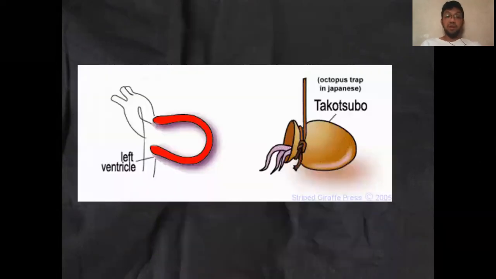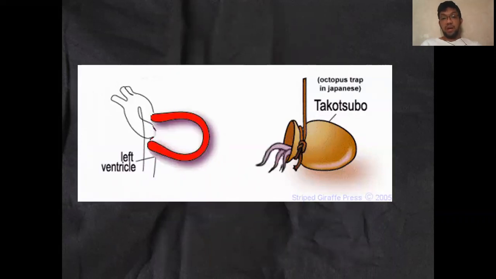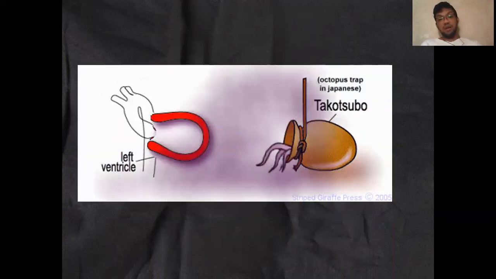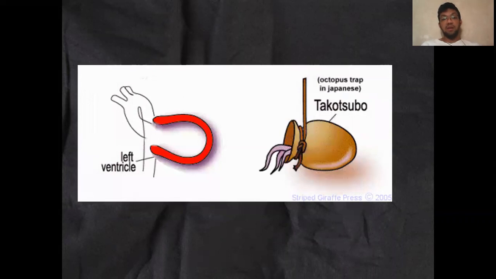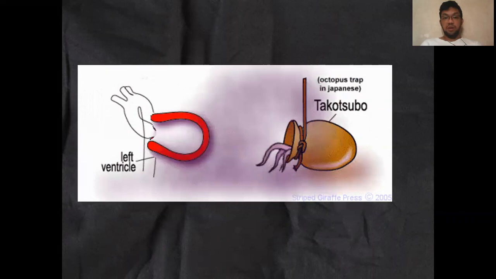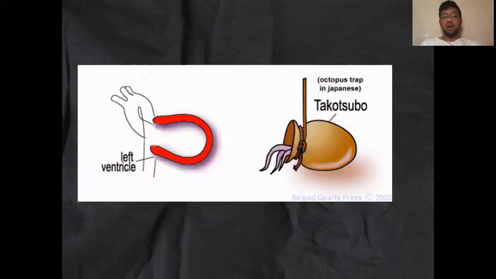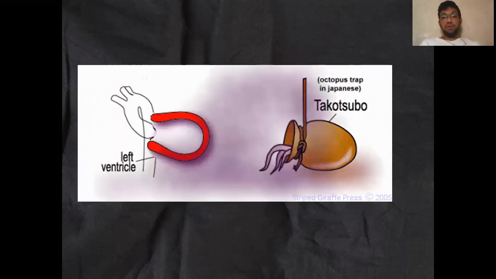That will make the heart pump ineffectively, because it seems like the ventricles are trapping the blood they contain, like the Takotsubo octopus trap.